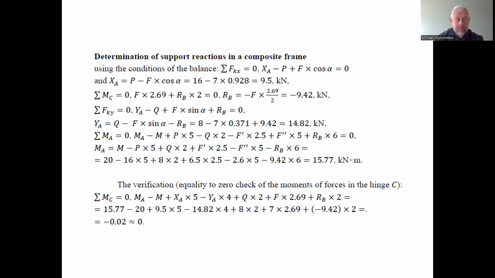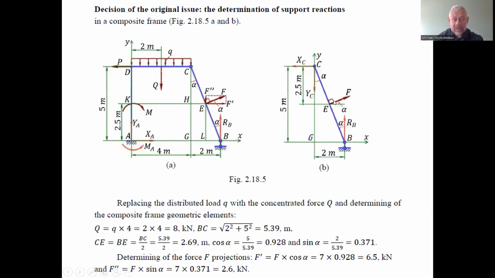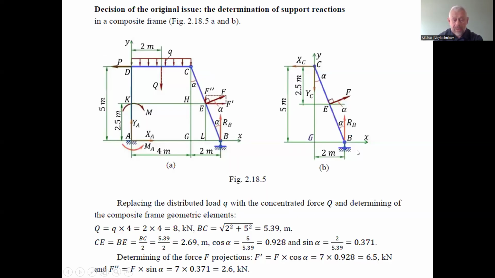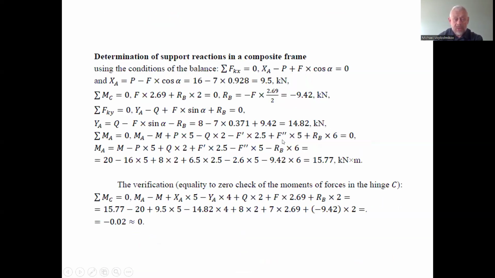So we consider the force rotating clockwise with the arm EB, which is 269, and the force B relative to point C with arm 2, because the arm is the shortest distance between the line of action of the force and the rotation point. So after the mathematical transform, we have that the reaction RB is minus 9.42 kilonewton.